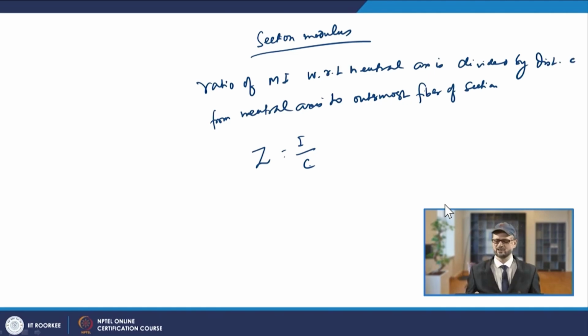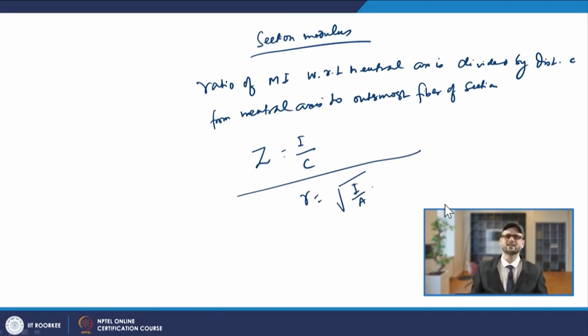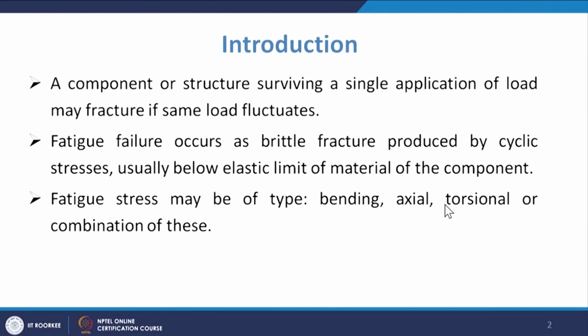Okay. And section modulus, the ratio of the moment of inertia with respect to the neutral axis divided by the distance C, that is Z equal to I by C. Okay. Next, a component or structure surviving a single application of load may fracture if the same load fluctuates.